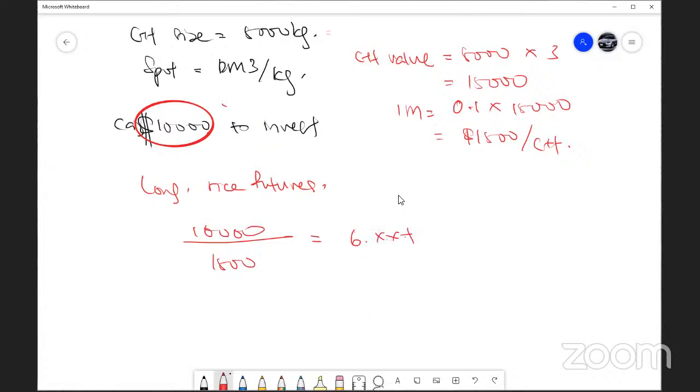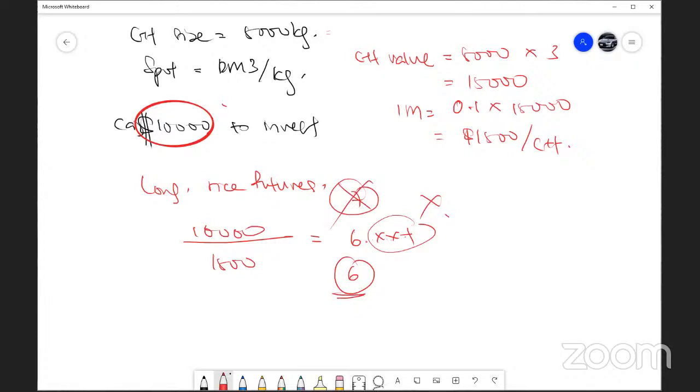There's no such thing as a fraction of a contract. You need to buy a whole contract. You don't have enough money to buy 7, so you need to round down instead. You can only buy 6 contracts.